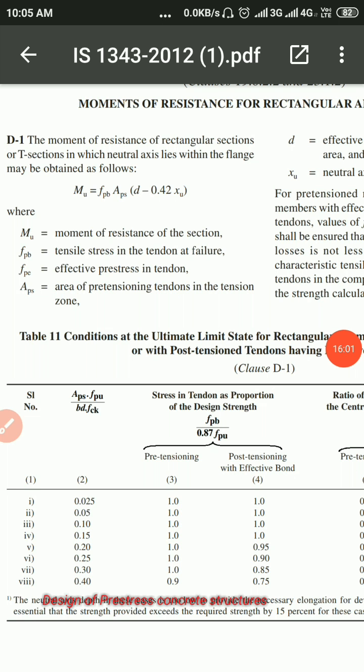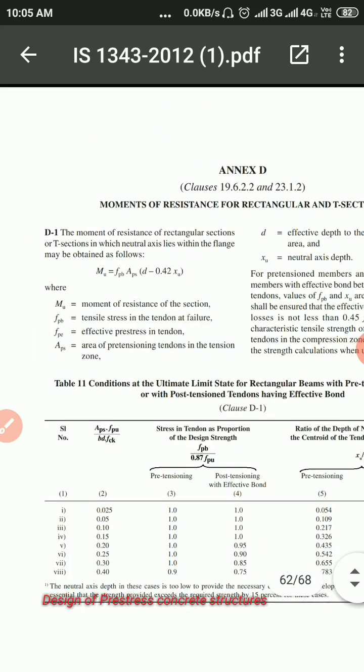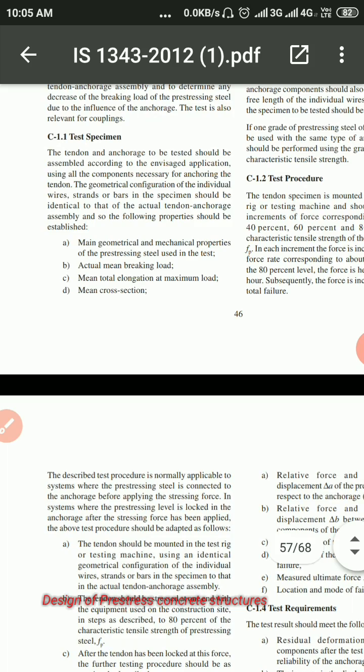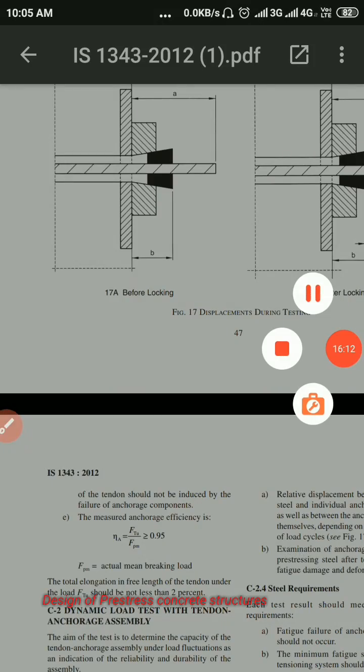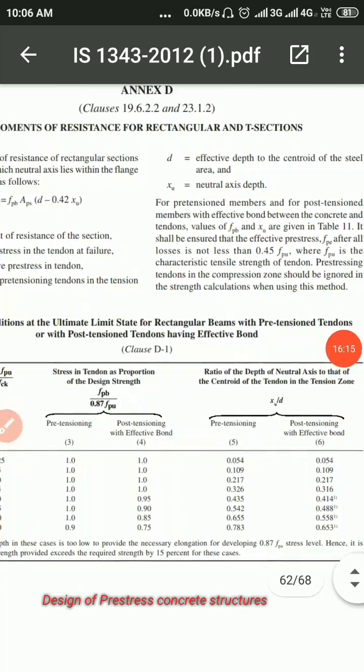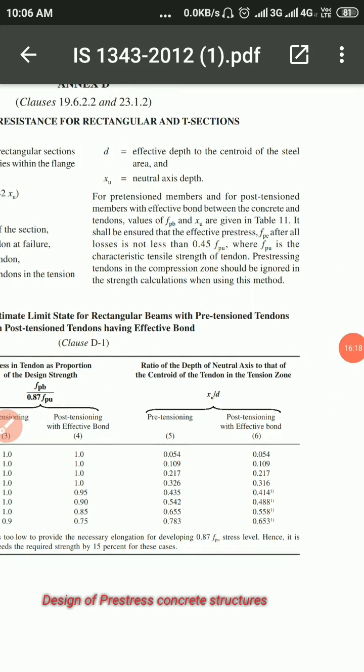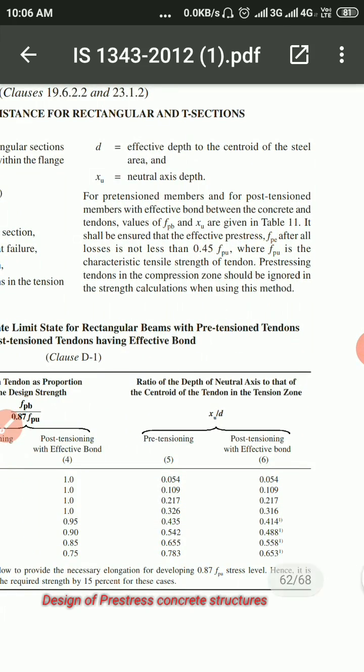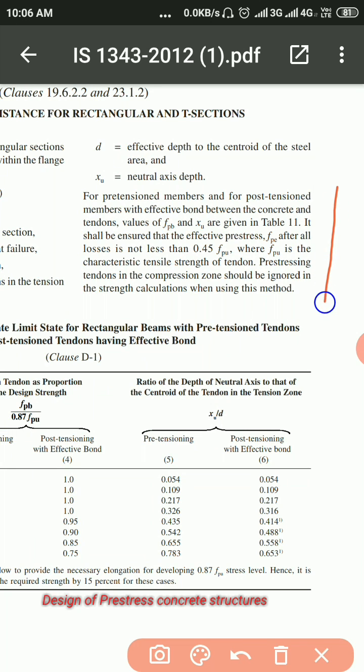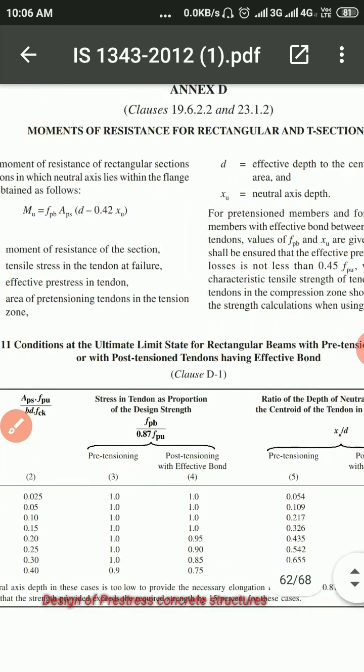So according to that we'll use this formula, and now they have provided different types. For pre-tension members and post-tension members with the effective bond between concrete and tendons, the values of FPB and XU are given in table 11.